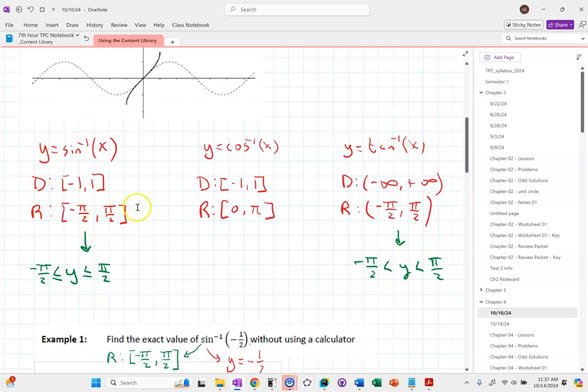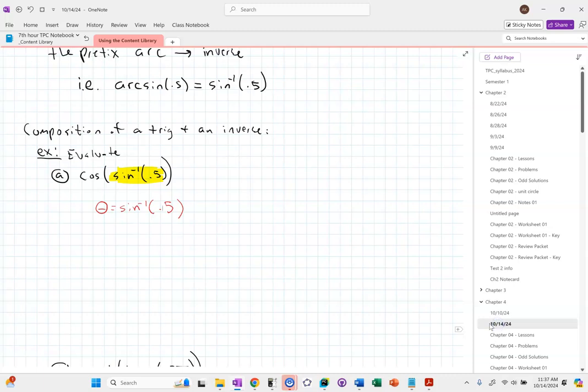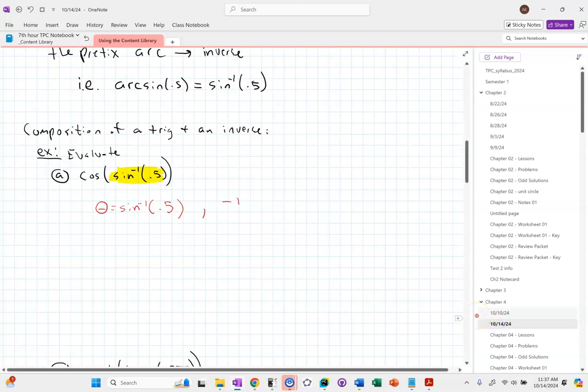This time we're going to be working from negative pi over 2 to positive pi over 2. Is everybody okay? If you're not given the values of what your answer should be between, you have to use these ones. So I'll write that down.